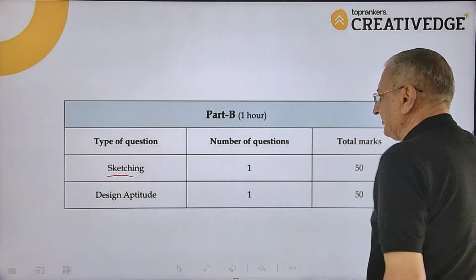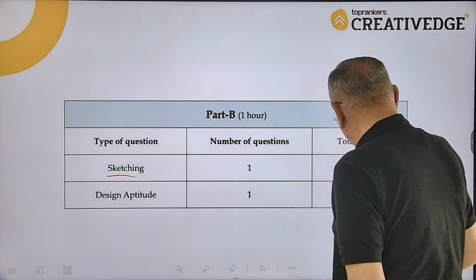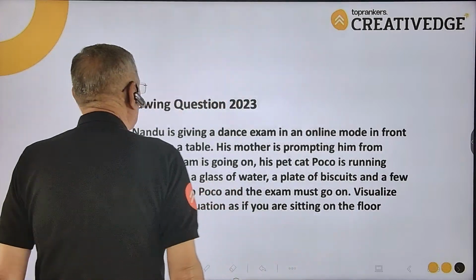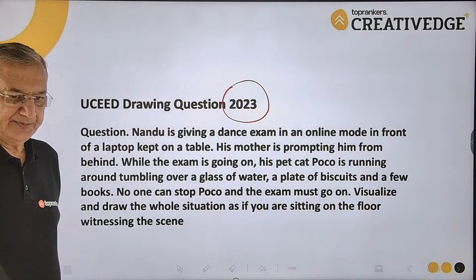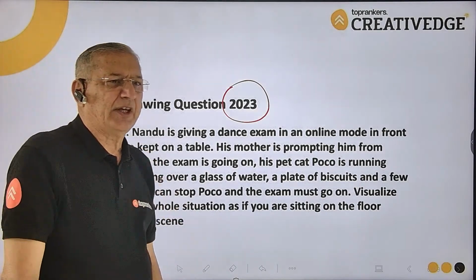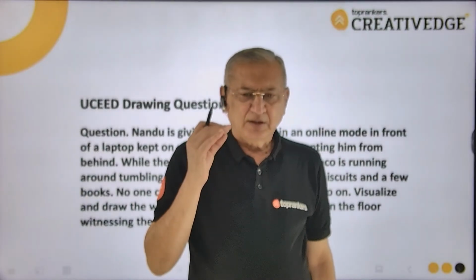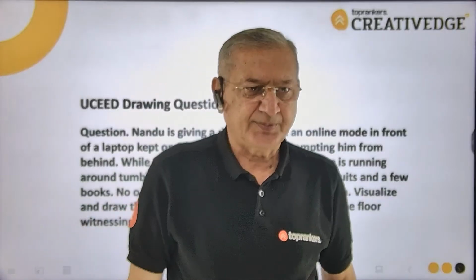So friends, there will be 2 questions of 50 marks each in the drawing part of UCEED. Let us talk of 2023. One of the best ways of preparing for the exam is to solve the PYQs, previous year questions.